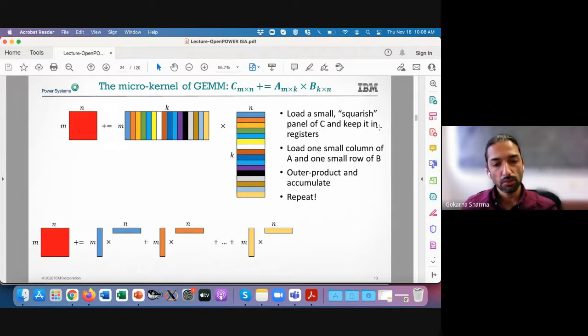And then, how do you do the outer product? This is how you do the outer product. If you look into the first column of the horizontal matrix, there is horizontal and vertical. Okay, so the first column of horizontal, first row of vertical. Okay, and then you multiply that, and you get one matrix, m times n. Okay, similarly, second column, second row, m times n, the orange one.